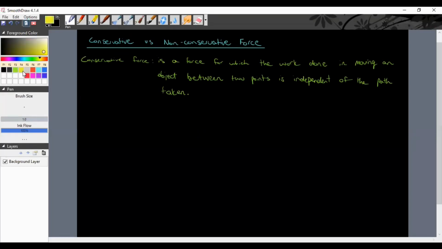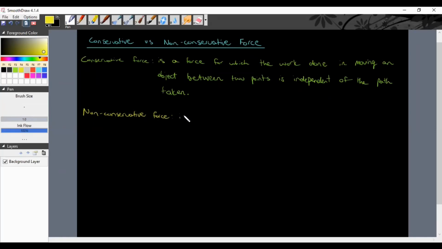Obviously, we can therefore form a definition for the second one, which is a non-conservative force.